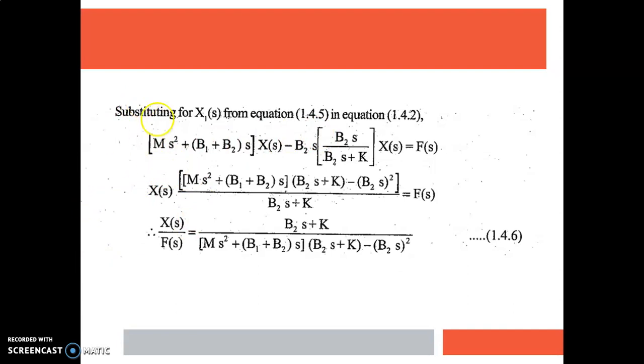So x of s into m s square plus b1 plus b2 s into b2s plus k, minus b2s the whole square, divided by the whole, b2s plus k as the denominator.